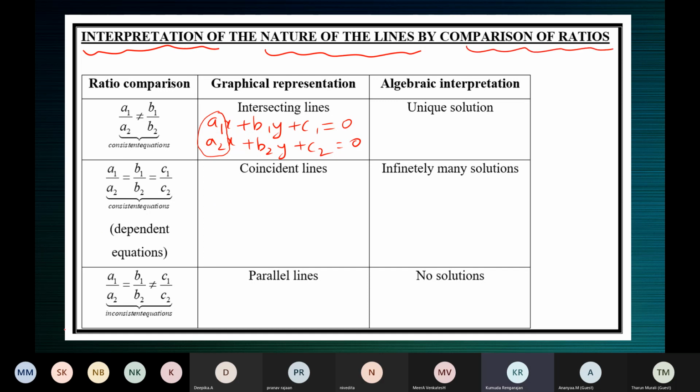Break up the heading to understand it: interpretation of the nature of the lines. You're trying to understand the nature of the two lines. How? By comparison of ratios. Now, what nature of the lines? That is, if the lines are parallel, intersecting, or coincident.